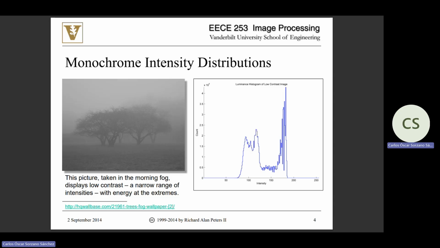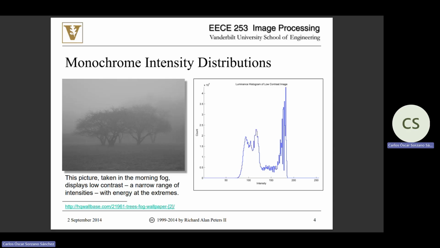And something else that we see in this histogram is that there is no pixel with value 0, no one with value 1, up to value 75 or something like that. So all these values have not been used, and all the values from 180 onward have not been used either.